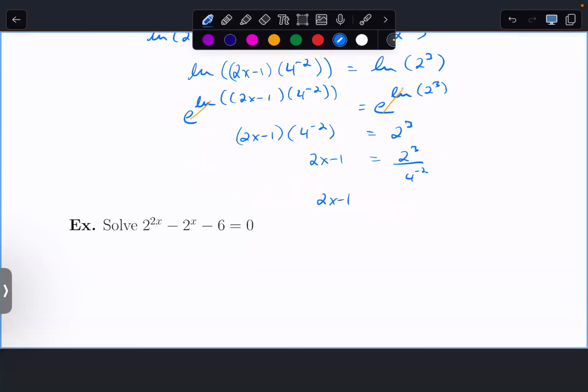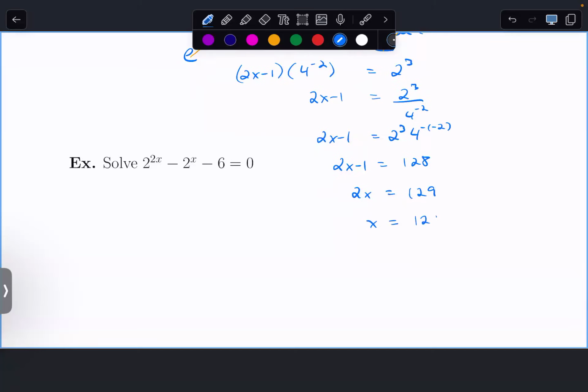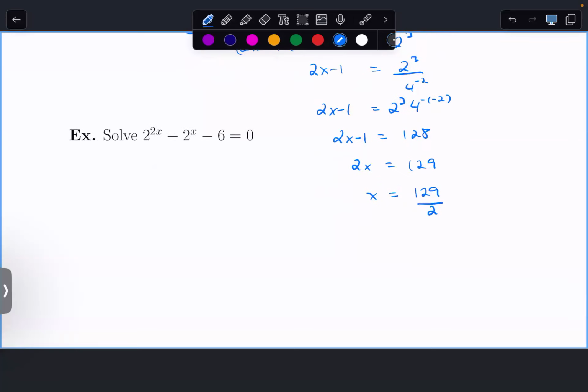So then I get 2x minus 1 is 2 to the 3 times 4 to the negative 2, or 4 to the 2, if you prefer. Either way, 2x minus 1 is 128 because I have it pre-baked. So then 2x is 128 plus 1, which is 129, leaving me with x is 129 divided by 2, which seems to go to a nice number, 64.5.